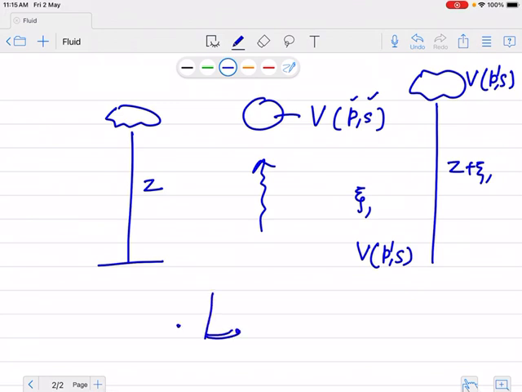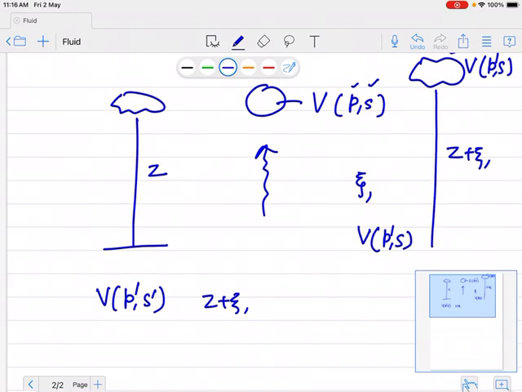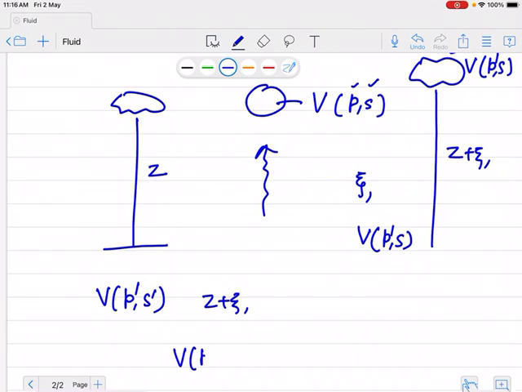Similarly, it should come back to its original position. The specific volume of the later state is V(P', S'). Now S has also changed. S' is the equilibrium entropy at height z plus zeta. So what is the stability condition? The volume V(P', S') should be greater than the volume V(P', S).